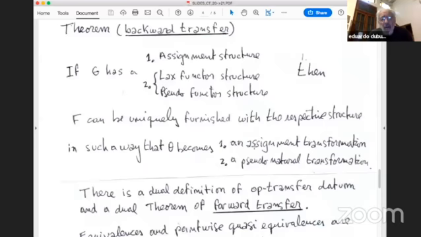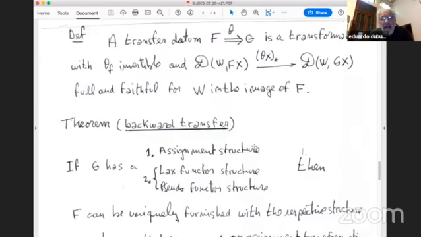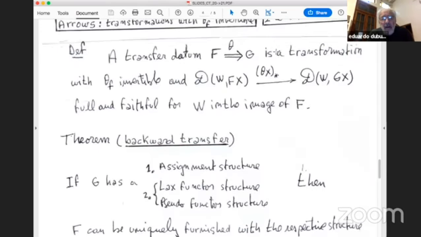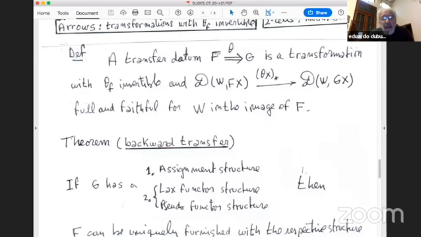So under this hypothesis of transfer datum, we can transfer the structures of G into F. This is why we call it backward transfer.